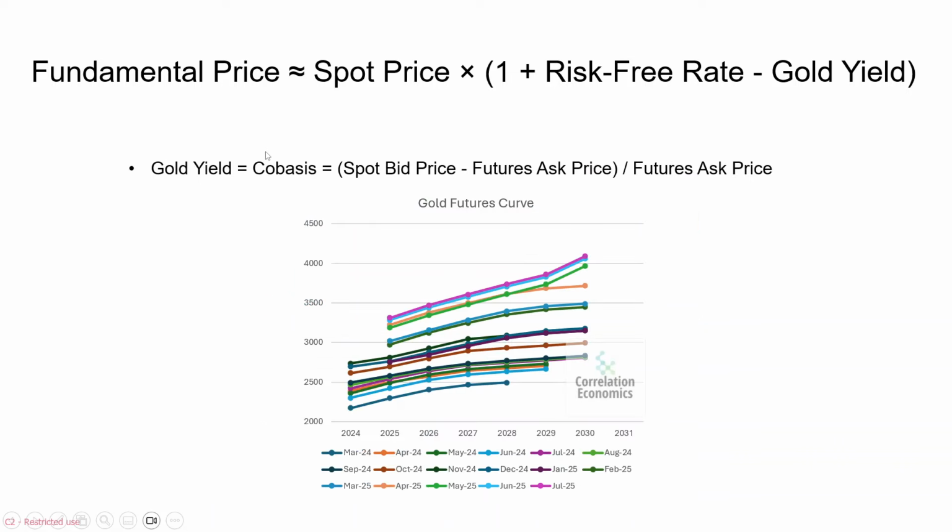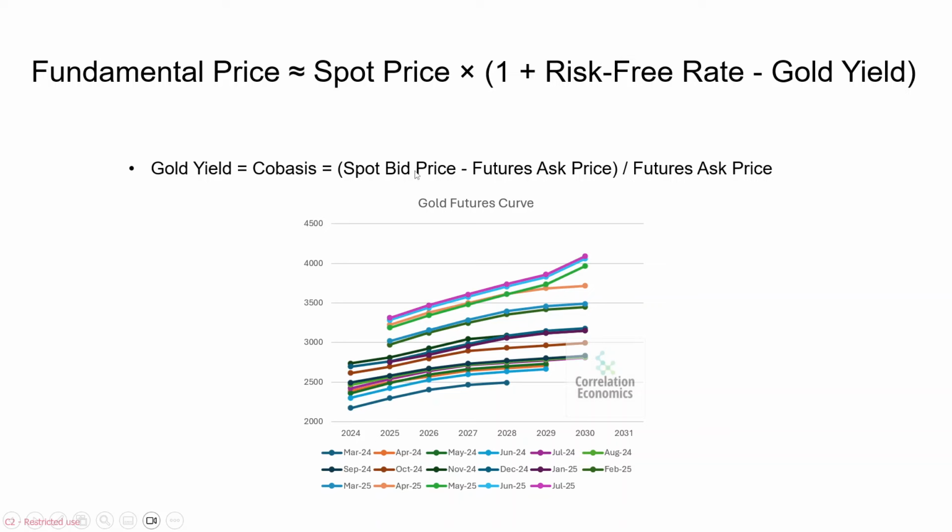The second parameter, co-basis, as I said, this is the spot price minus futures price divided by the futures price. So this is the spot price, 3,300 currently. We have contango, which means the gold price goes up in the future. This is the futures price, 3,500.